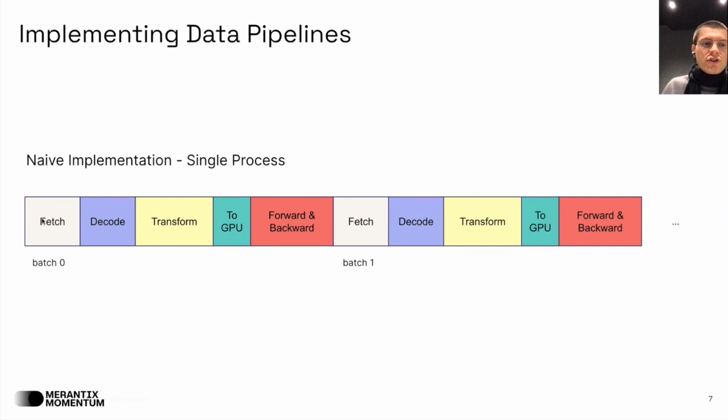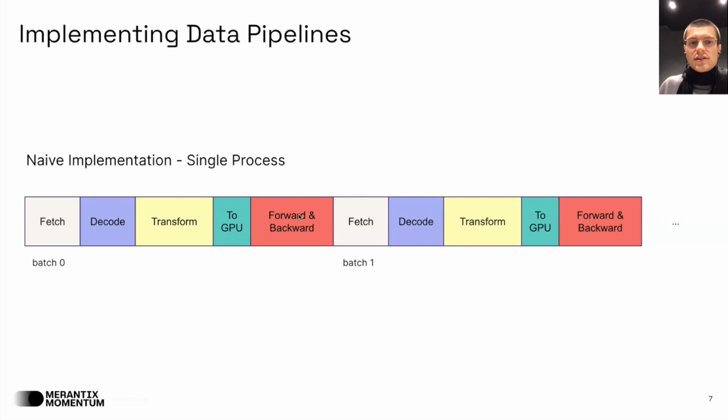First, you would fetch your data from the disk, decode it into some useful format, and then transform it into whatever format you want your GPU to be fed with. Then you shift that data to the GPU, and you compute your forward and backward pass on the GPU. And that's for one batch. And now the second batch will be processed analogously, but sequentially.